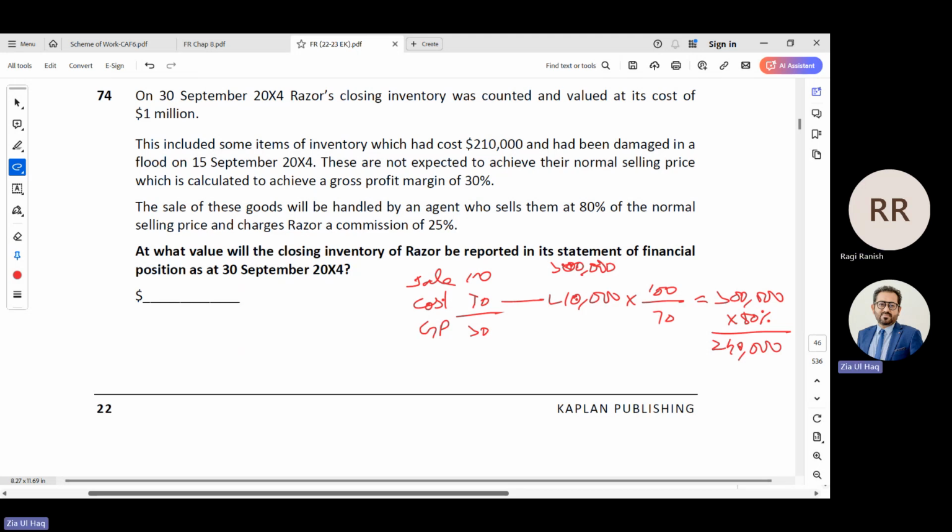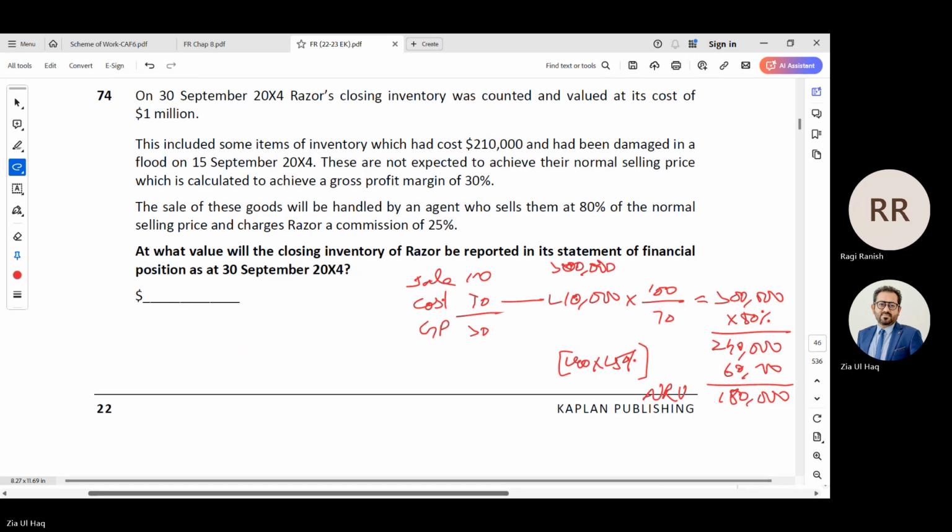Commission on what amount? The amount of sale. If he charged 25%, what is 25% of these 240? If we deduct that commission, meaning selling price less cost to sell, we have an NRV of this inventory as 180.